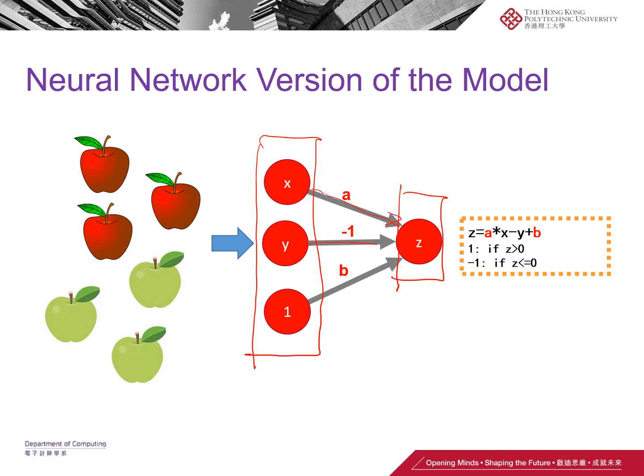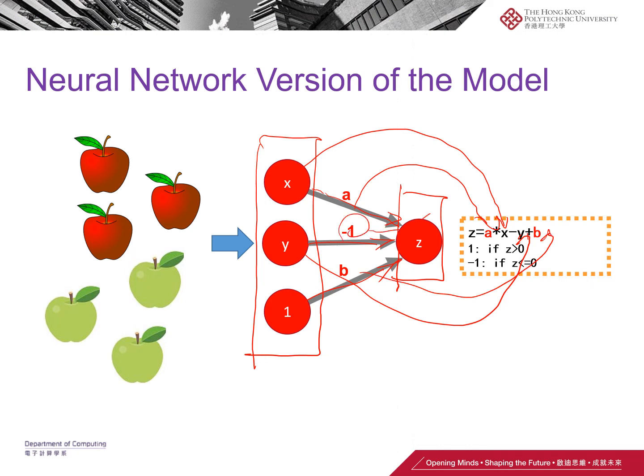You could see here we are putting the nodes corresponding to the variables we have, and we are putting the edges as the parameters we have. And here is a -1. That is for this side, because minus y is equal to -1 multiplied by y.